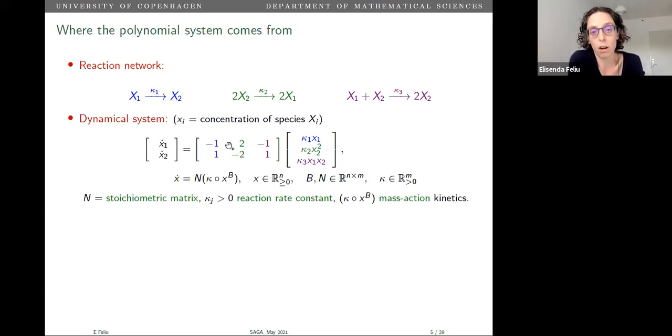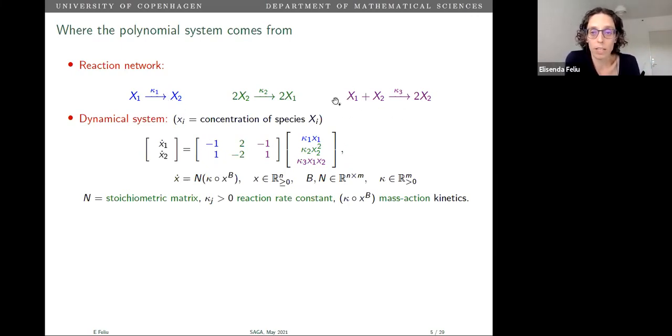Here you see each column has a color. It corresponds to each of the reactions. The first column encodes how many X1s are produced. Well, -1, because there is only one X1 that is consumed. That's the -1 here. And how many X2 are produced? Well, there is 1. Every time the reaction takes place, I gain 1 X2. And that's the 1 here.